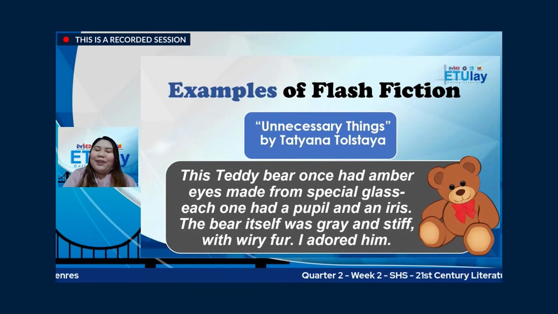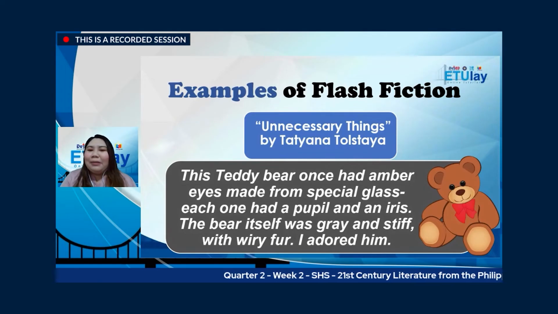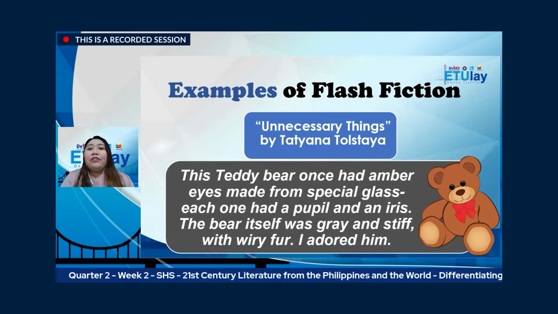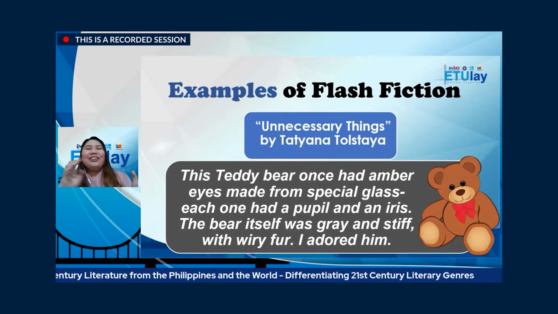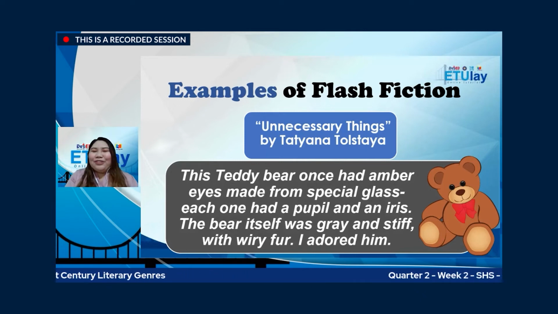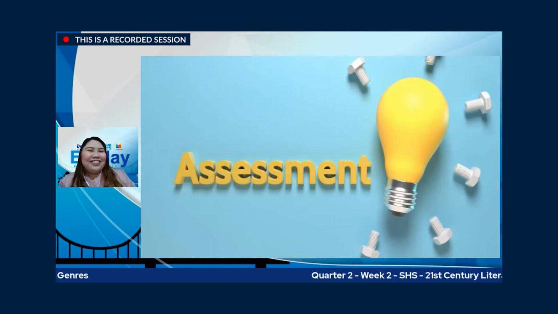There you have it. We are able to see some examples of both graphic fiction and flash fiction. Now, let's test your knowledge towards these two and see if we can recall their elements, features, or characteristics. It's time for some assessment.